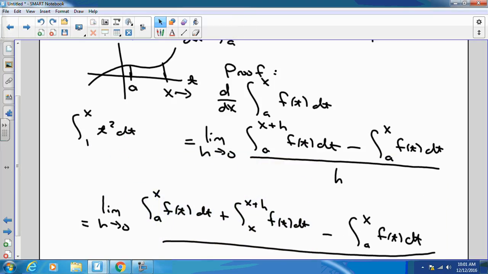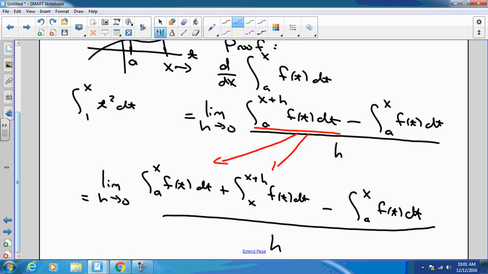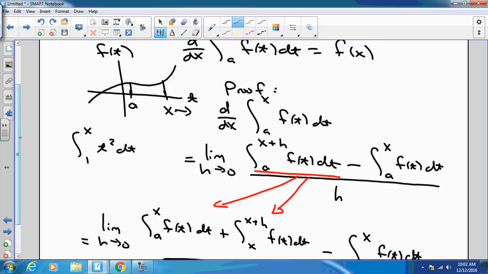Let me move that down just a little bit so the previous line doesn't interfere. There we go. Okay. And all I did was to take this portion right here and split it using the additive interval property for definite integrals. And you can see exactly what happens. I'm going from a to x and from a to x plus h and subtracting.